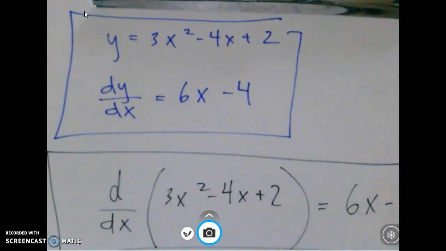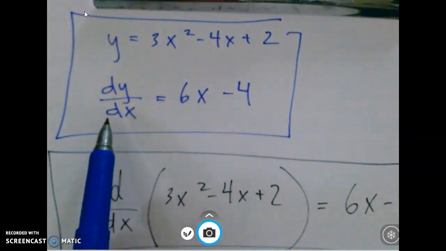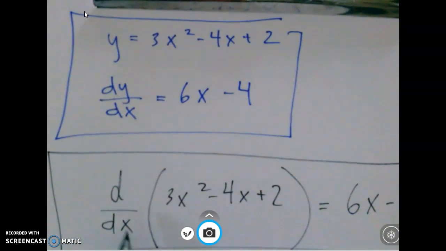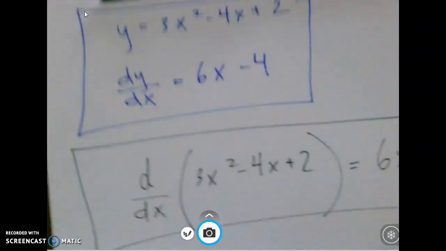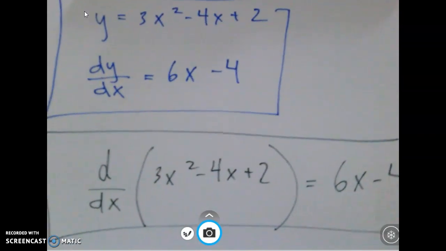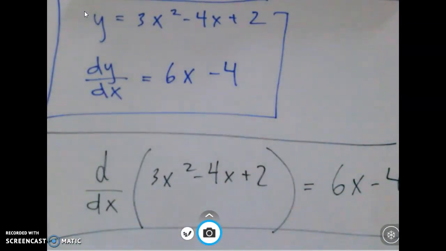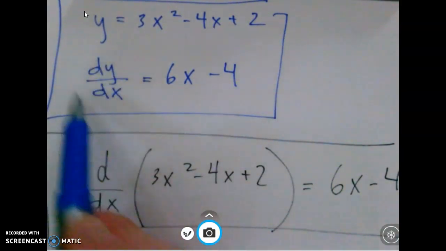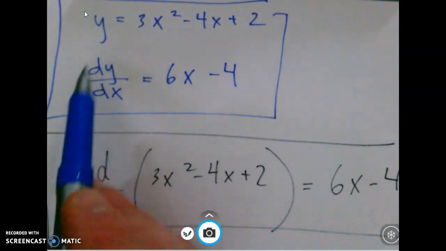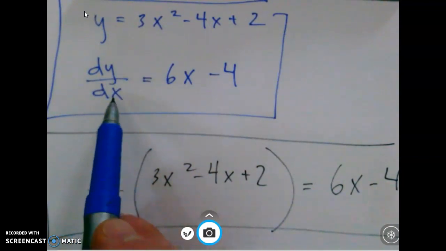Okay, so to answer your question, at least your first question, the difference between dy/dx and this notation here, d/dx, is this. If I have a function that is y equals whatever it happens to be, and I ask for dy/dx, what I am looking for is the derivative of y with respect to x.